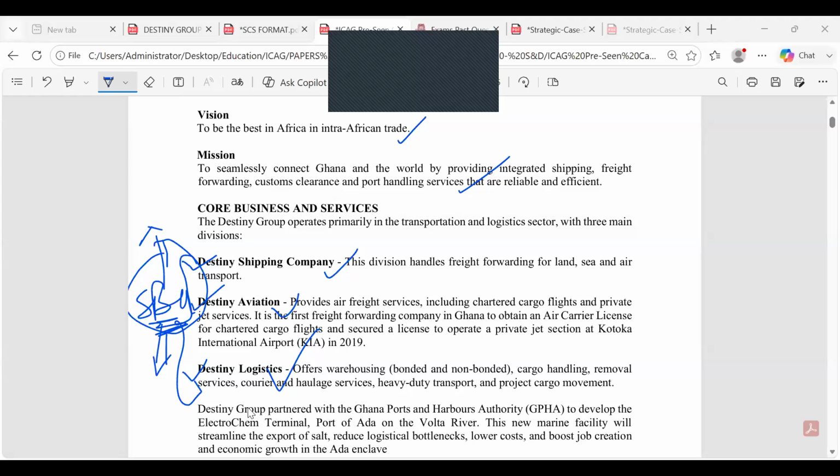I used the AI to analyze the whole thing, and it was giving me the information. We will do the same.